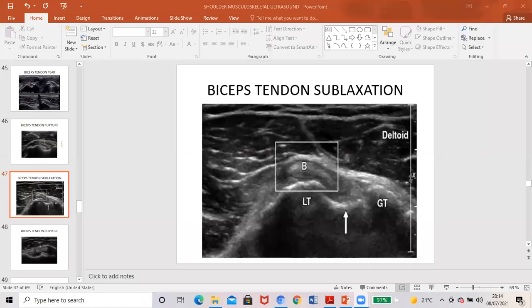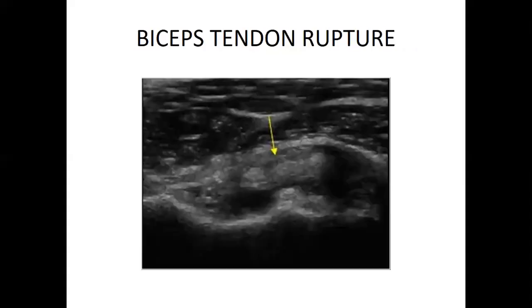Okay, can you see the images? Yes. Okay, sorry for that. So this was a subluxation of the long head of the biceps tendon, and this was a rupture of the biceps tendon.